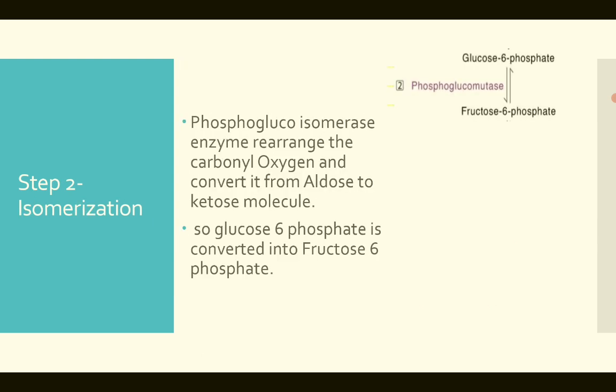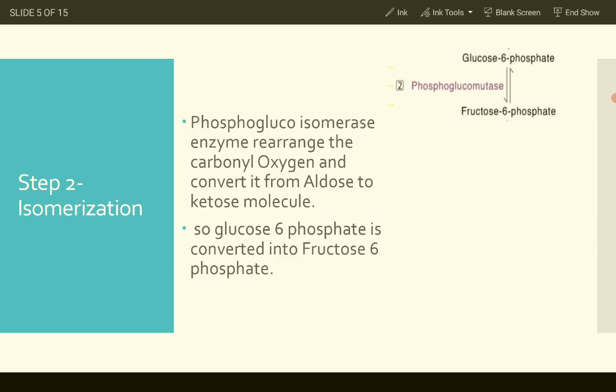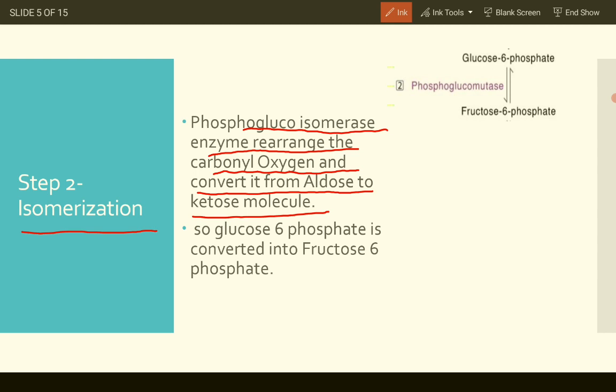So now let's move to the next step. The second step of glycolysis is isomerization. The phosphoglucoisomerase enzyme rearranges the carbonyl oxygen and converts it from an aldose to a ketose molecule. As you can see, this is an aldose molecule, glucose 6-phosphate, which would look something like this, while fructose looks something like this, right?